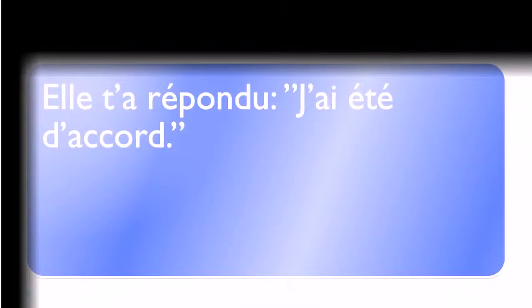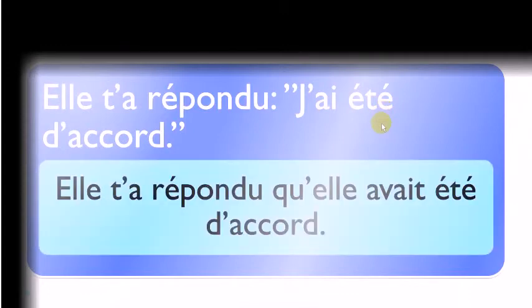Elle t'a répondu, j'ai été d'accord, okay? J'ai été, this is the passé composé. That's what we'll have to modify and put in the plus que parfait, like here, elle avait été. So we get, elle t'a répondu qu'elle avait été d'accord.